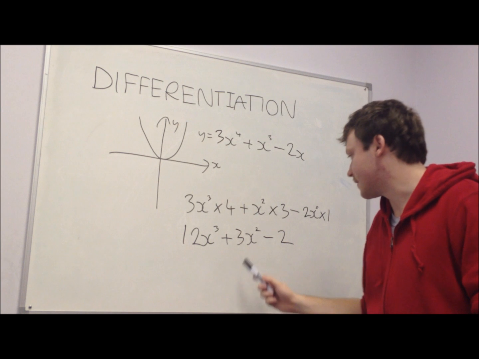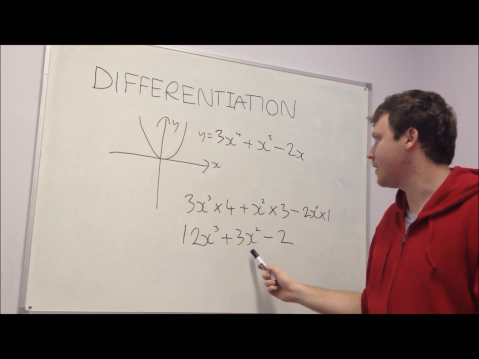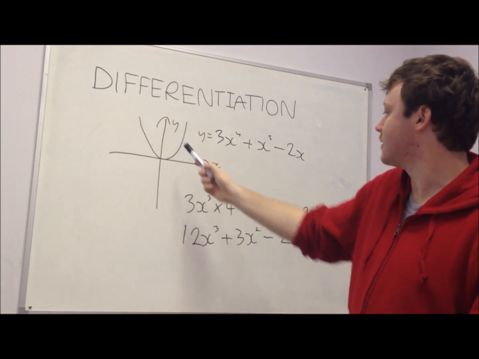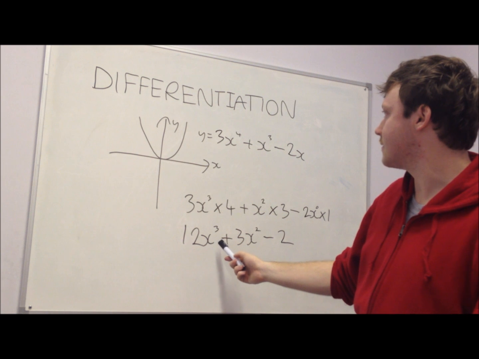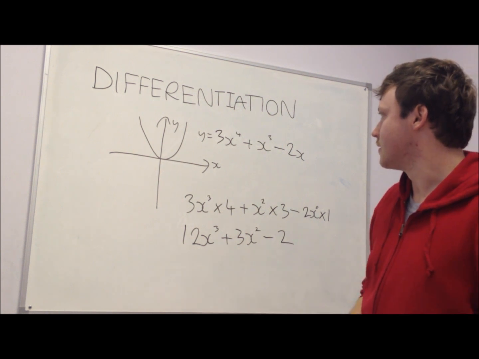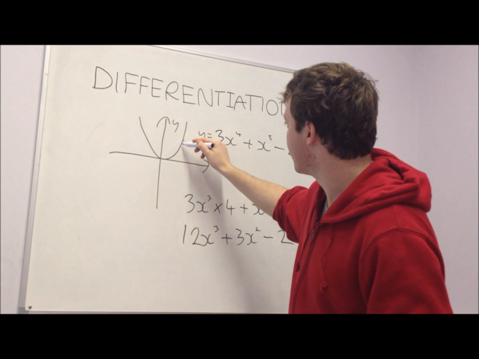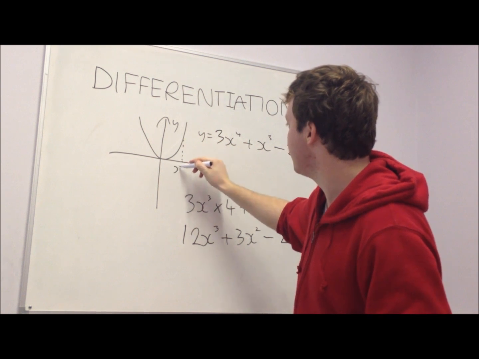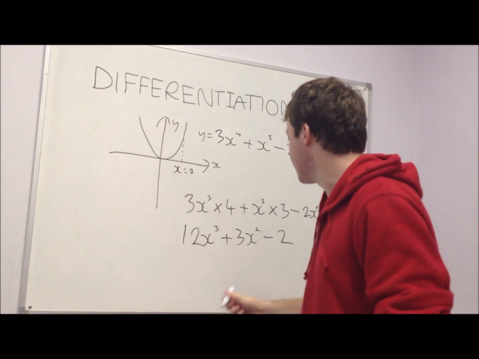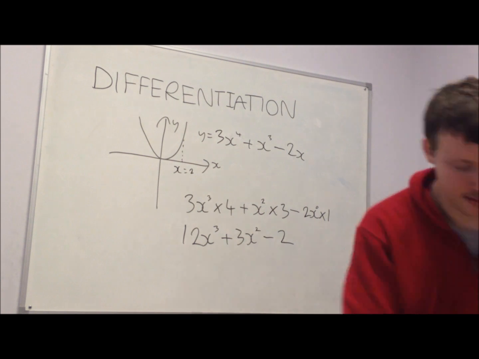The use of this function here is that we can evaluate the gradient of this at any x value of our choosing. So if we wanted to find the gradient at x equals 2, we simply use this equation here.